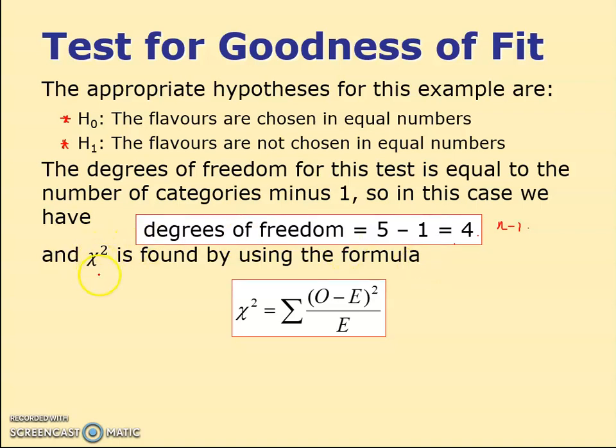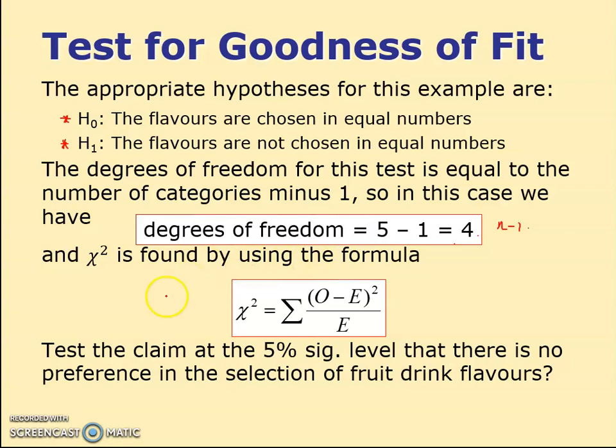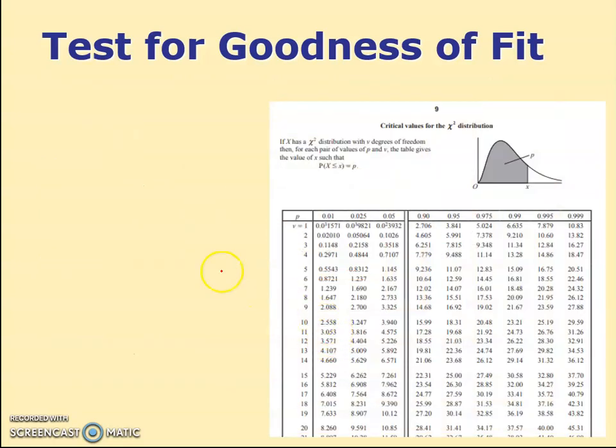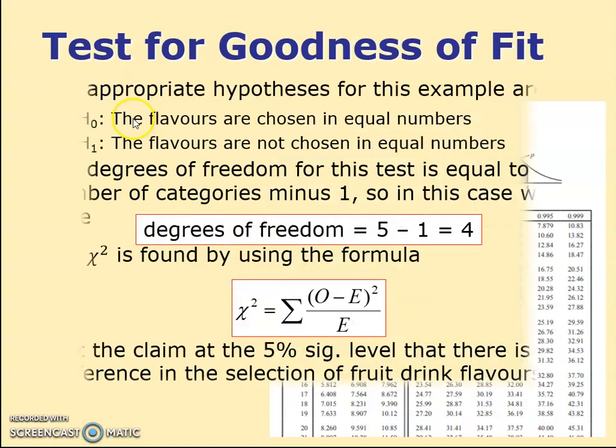And we're going to find chi-squared using this formula. Chi-squared is the sum of O minus E, all squared over E. Now, we do have to use this formula occasionally, at least in part. So I'm going to do the first question using the formula, and then I'll show you how to use the calculator instead. And we're going to test this claim at the 5% significance level. Okay, so just remember this formula, we're going to need it now. It was the sum of O minus E all squared divided by E. Worth going back just to check.